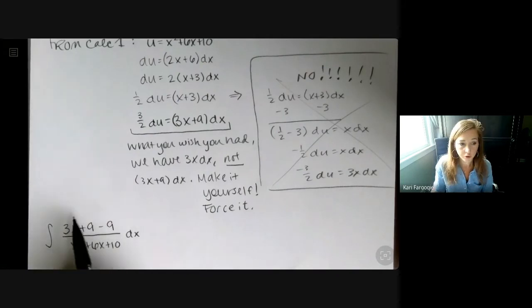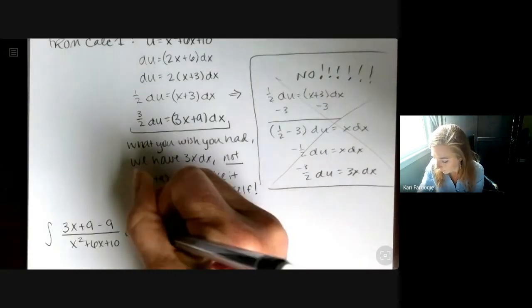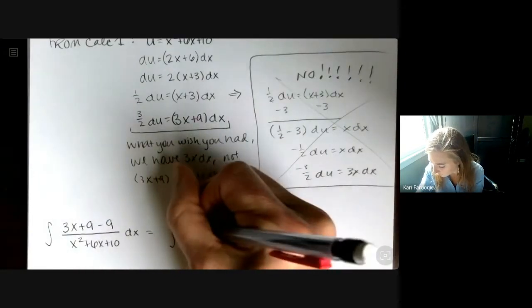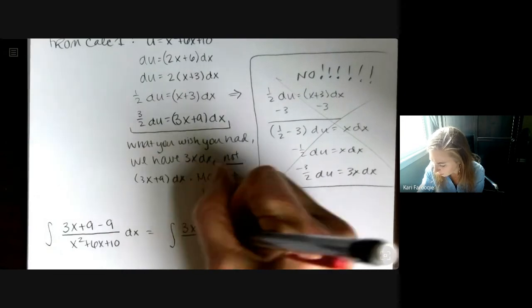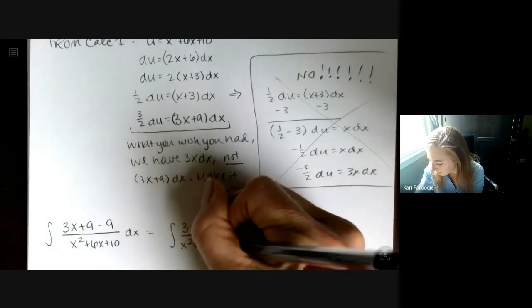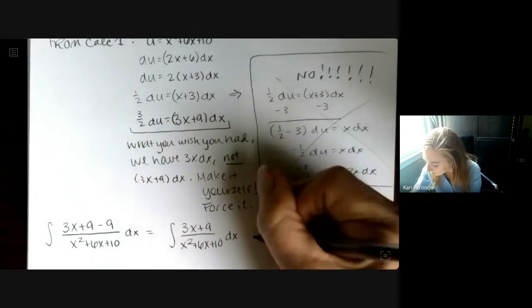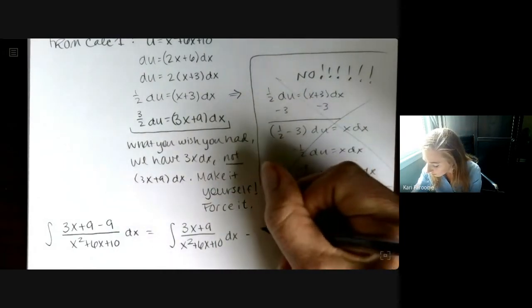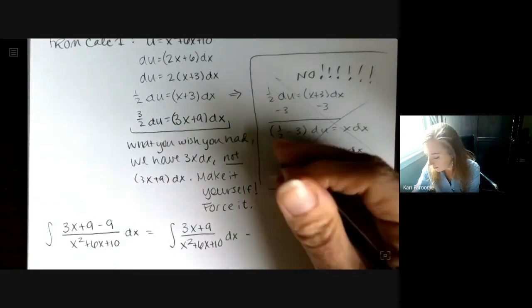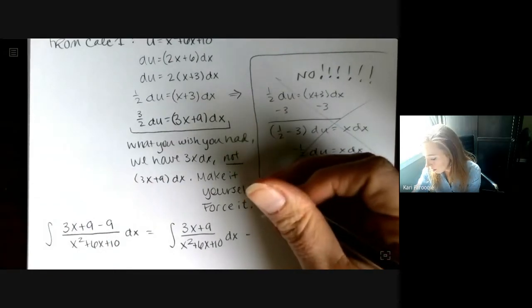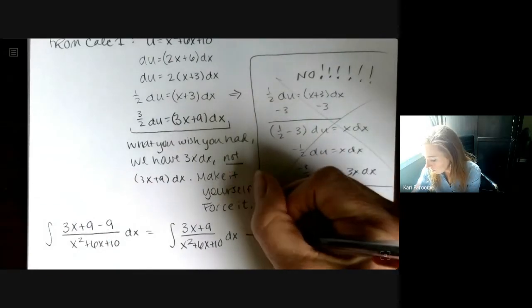Okay, so we forced it to be here, but now you're like, okay, how does this help? Because we still have a minus 9. And all we really wanted was a 3x plus 9 dx. Well, no big deal, right? It has 2 integrals, you guys. Come on. Obviously, I'm just kidding. It's totally not obvious at all. Okay, the other one for the minus 9, I'm just going to write this as minus.